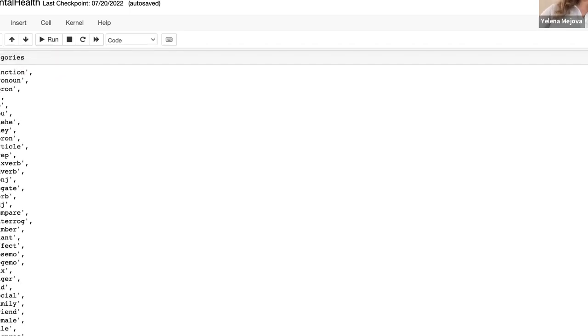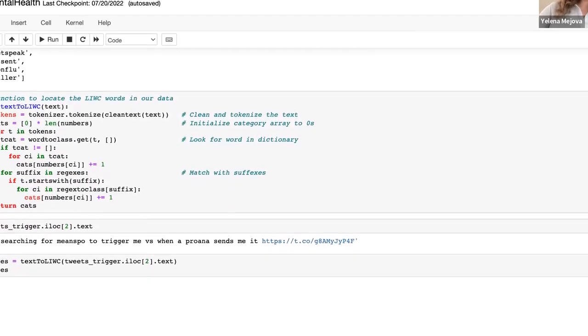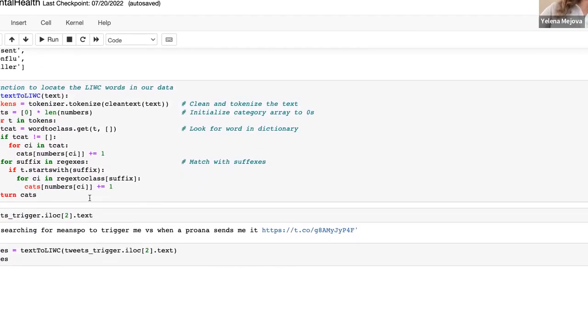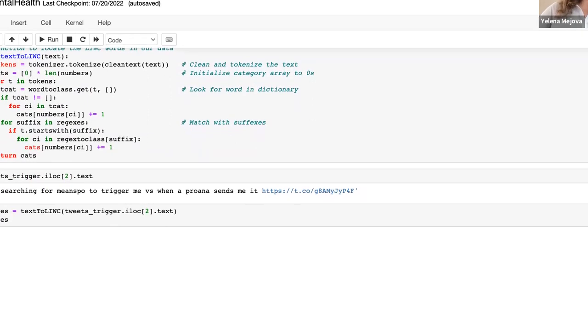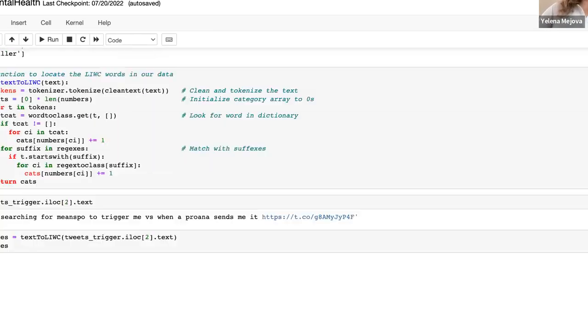And so we have our categories in our data set, and we can define some function to match them to our words. So what it produces actually is, for a tweet, it will give us scores for each of these categories.